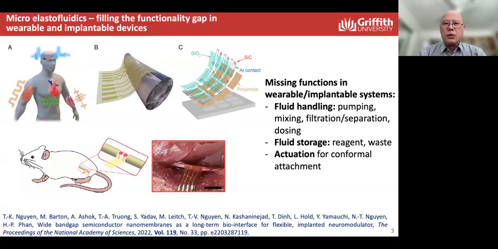So to provide this functionality, we need another approach in developing microfluidic devices, right? So we need to revisit the entire range of devices, from liquid deliveries, mixing, storage, actuation, and so on. So that is a very practical motivation.